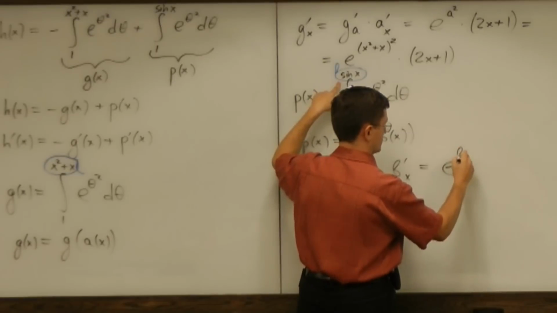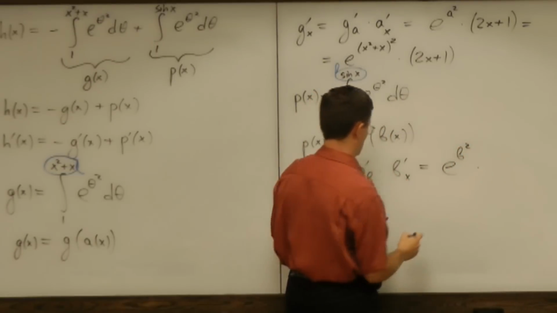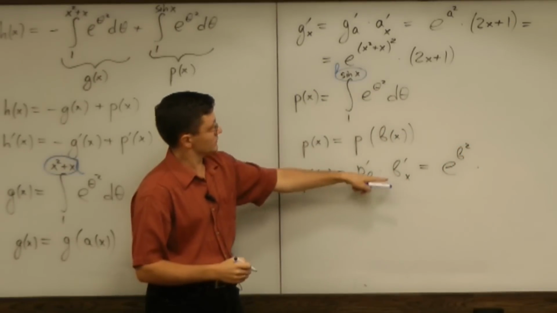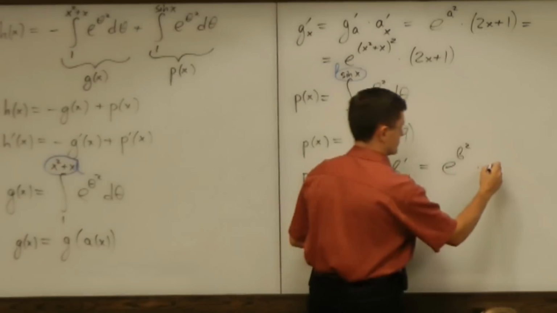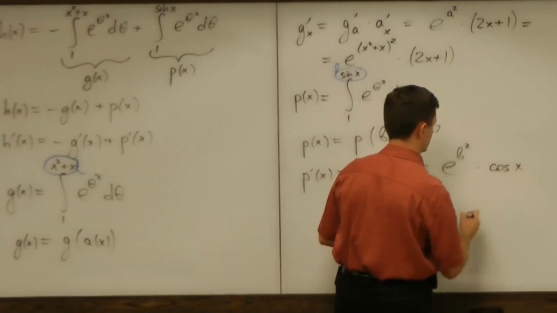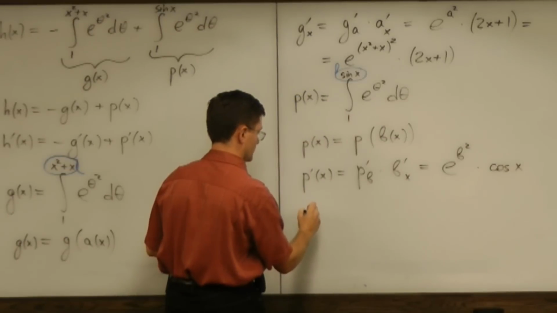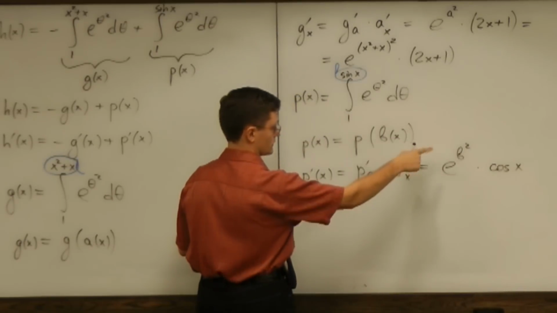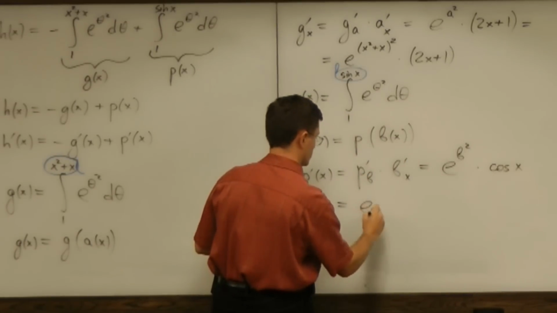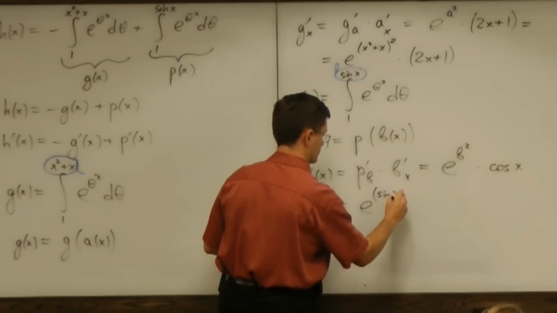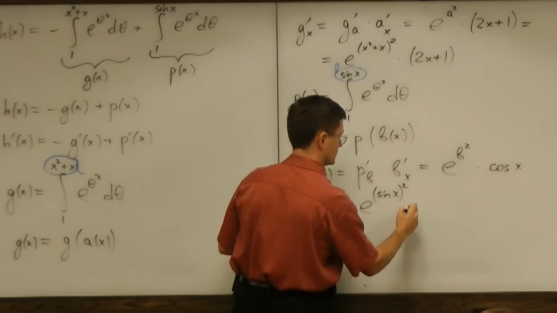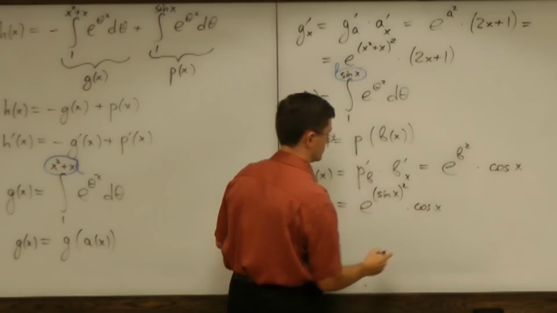So e to the power b squared, multiplied by the derivative of b with respect to x, which is cosine of x. And now I only substitute x into b. So it is e to the power (sine x) squared times cosine x.